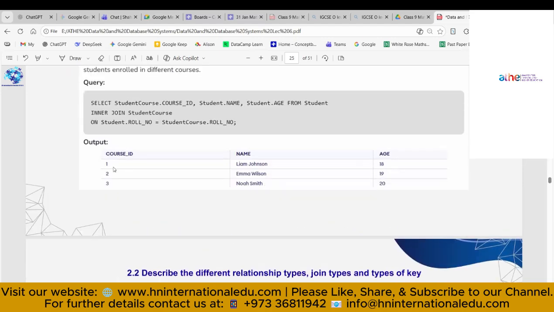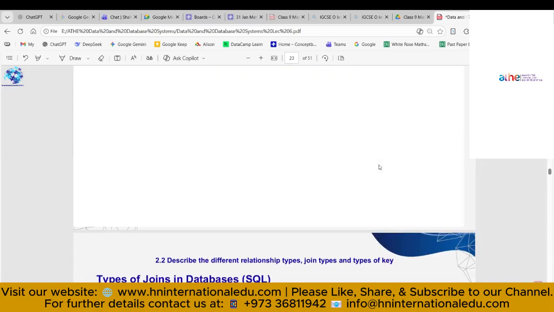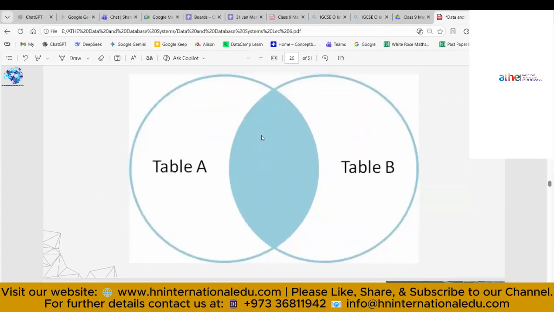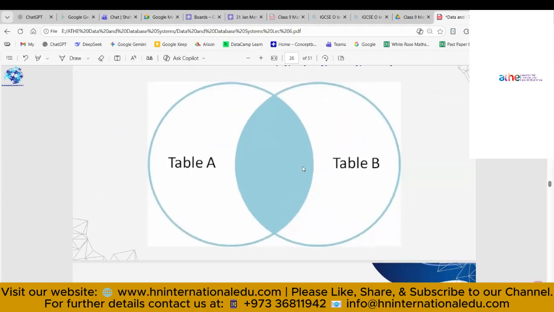This is your output, in which you will have the course ID and the name of the student and their age. So this is how inner join looks like. It's kind of like a Venn diagram, but more like basically what is common.